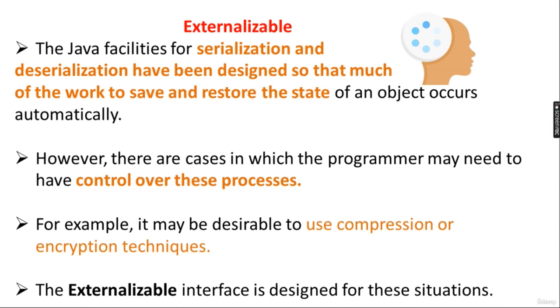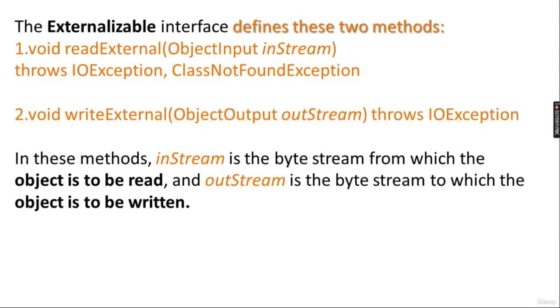It may be desirable to use compression or encryption techniques. The Externalizable interface is designed for this situation, giving the programmer control over saving and restoring the state of the object.